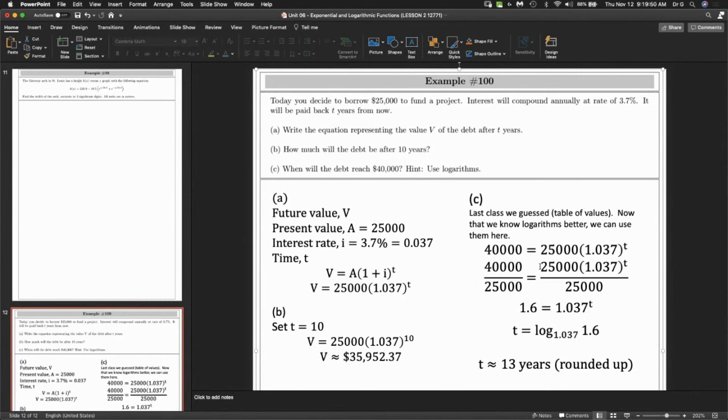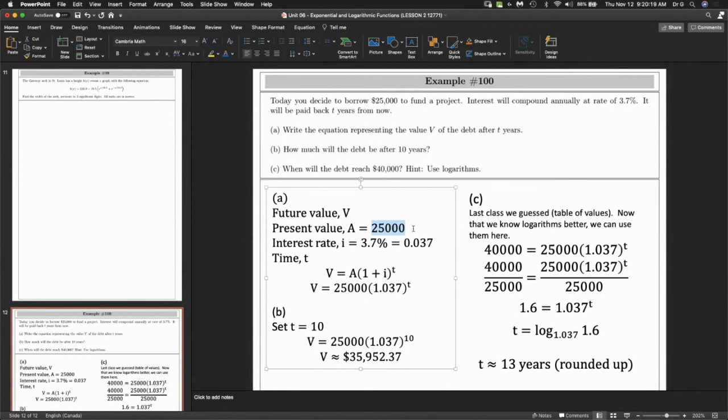Why did you put 1 plus the interest rate? Okay, so it's always 1 plus the interest rate. The idea there is that when money grows, you're adding a percentage back. So if I just multiplied the current value by 0.037 times 25,000, let's say for the first year, you're going to get a number, whatever it is, 6, 7,000, whatever that number is.